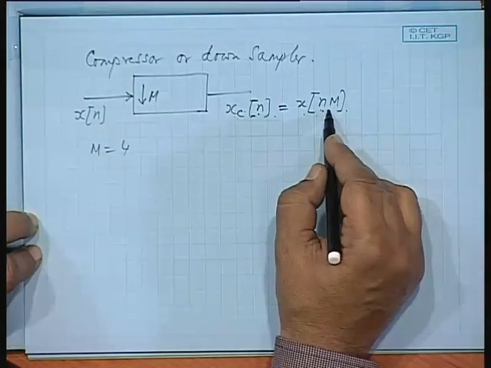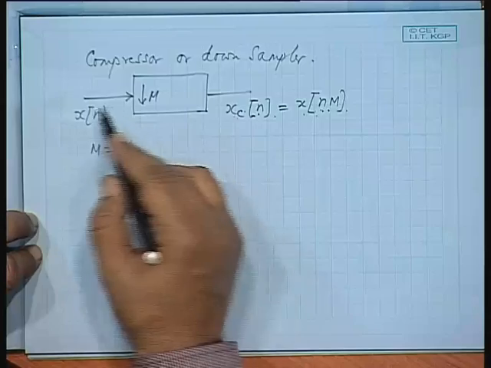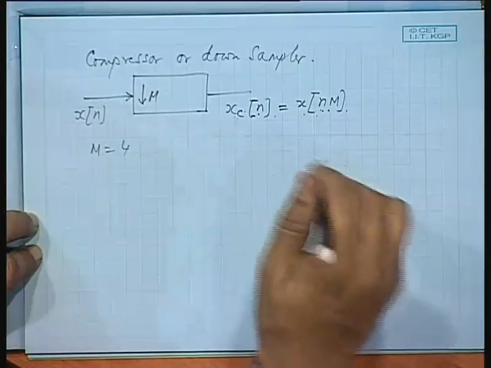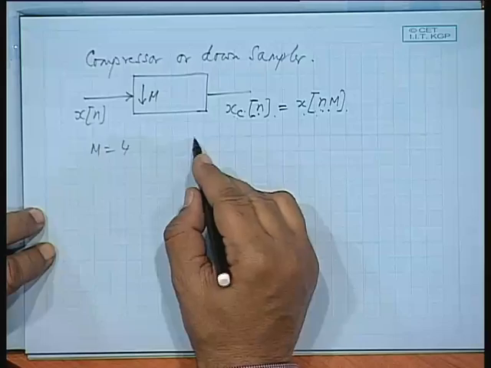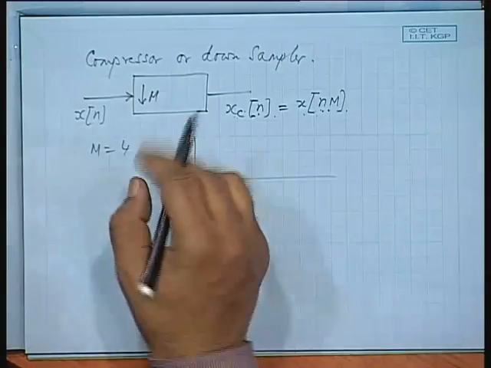So, the series that you get here will consist of the values of the original sequence x which are occurring at 0, 4, 8 and so on. So, in a downsampler you are actually dropping the values at regular intervals.